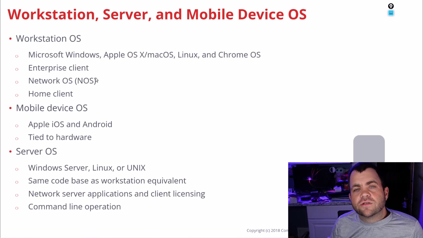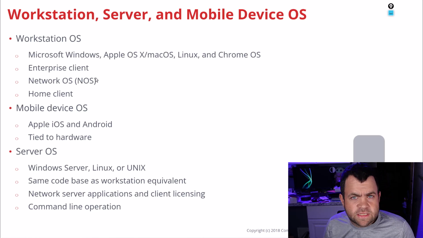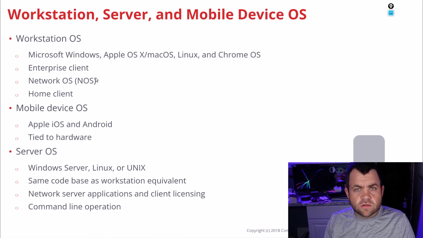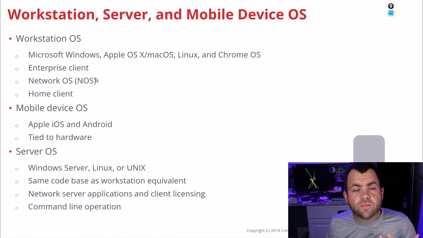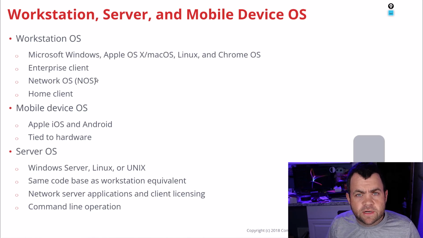And then finally, our server operating system. The biggest difference between a server operating system and a workstation operating system is that one pulls and one serves. Think of it like a restaurant. When you order food at a restaurant, a server brings you that food. They're providing that service of delivery, getting you drinks and so on. That's what a server operating system does.